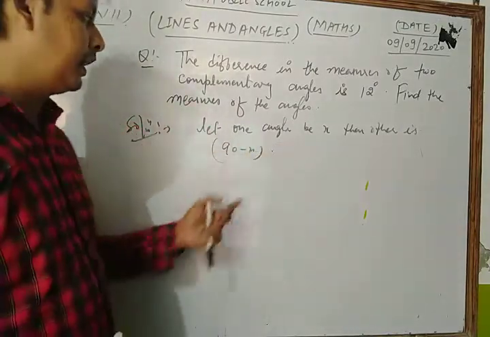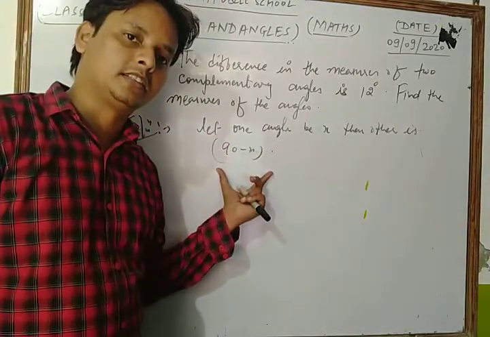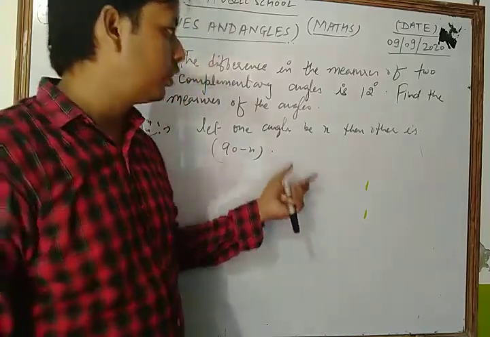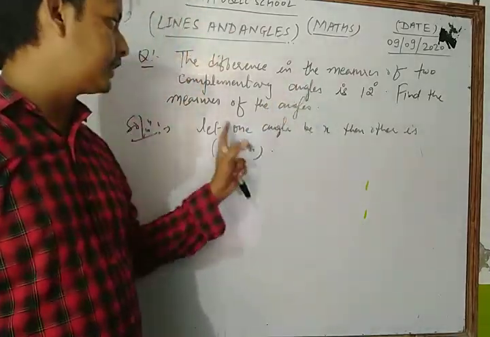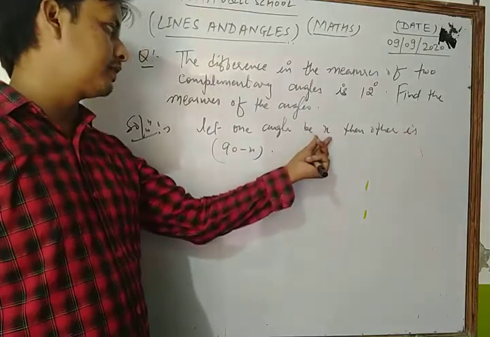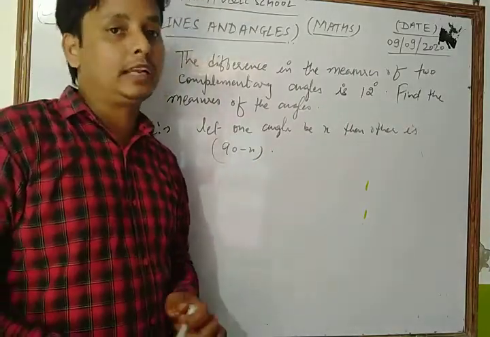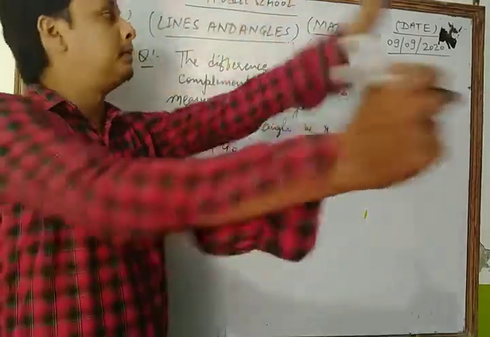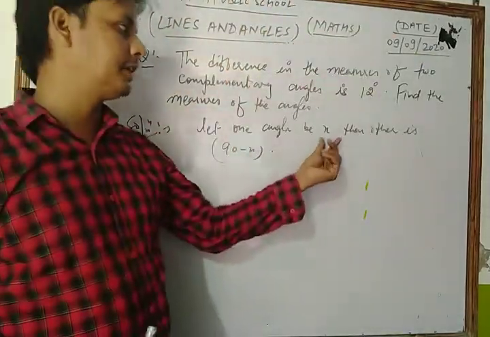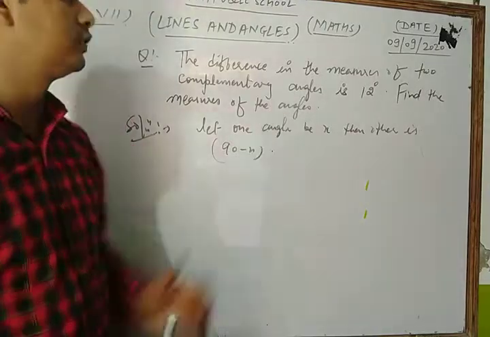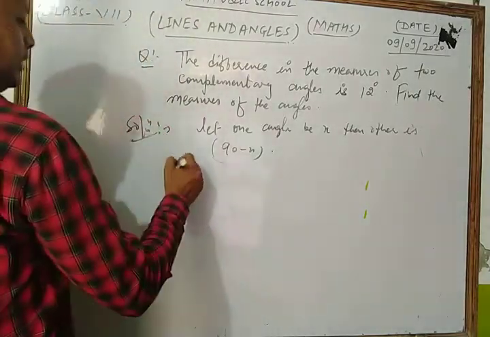Why? Because both are complementary to each other. If we sum x and 90 minus x, then we get what? 90. So if two angles are complementary to each other and we take one angle as x, then the other is 90 minus x.